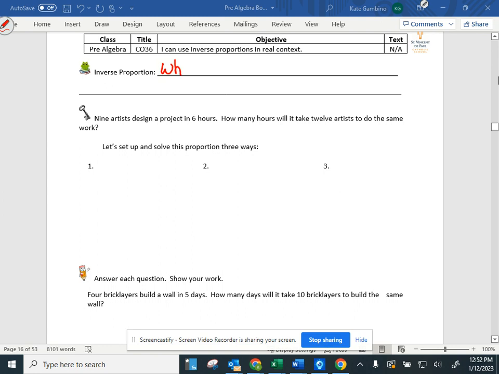What it means is when one value increases, the other value, if it's inverse, it means it's the opposite, so the other value decreases.